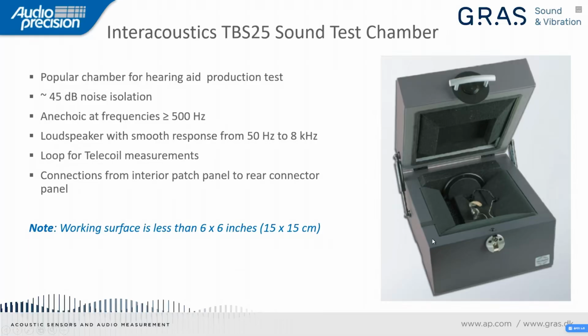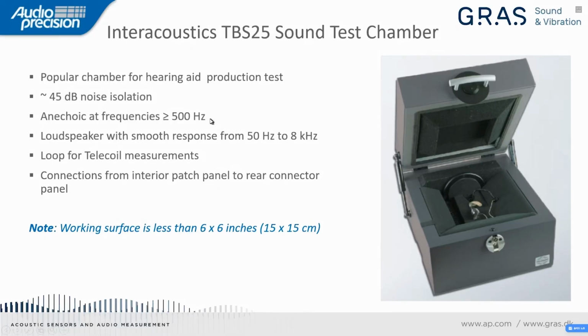All right, so for the test box, one of the most popular test boxes in use is the Interacoustics TBS-25 sound test chamber. This is a small chamber that fits on a desktop, really. It provides about 45 dB of noise isolation, which is nice to separate the test from the noise in the environment.